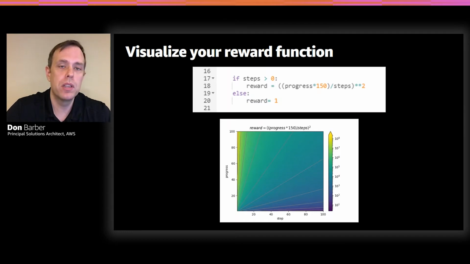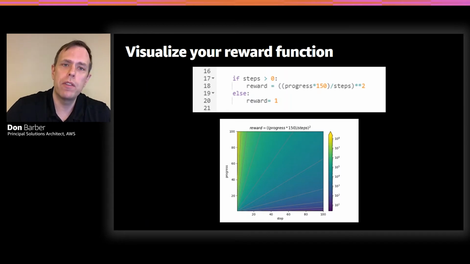And what's going to happen is the neural network is going to learn over time. It's going to try to locate itself in the bright yellow parts of the graph here. So you can see here what's happening is the reward function is going to find that spot at the upper left of the graph here, where progress is high but steps are low, and that's exactly what we're going to see rewarded, and exactly what we want out of this thing.